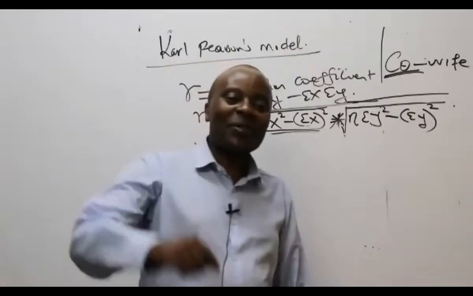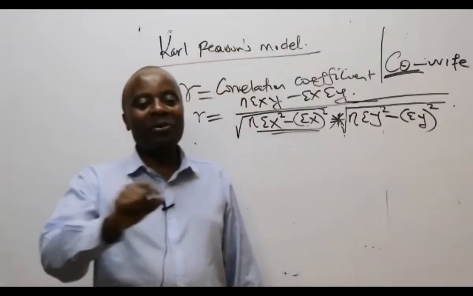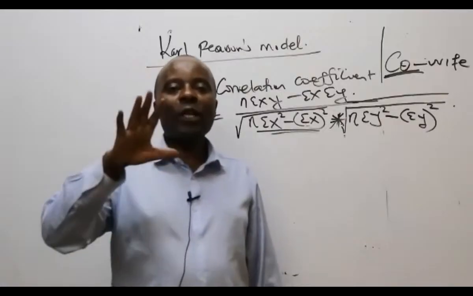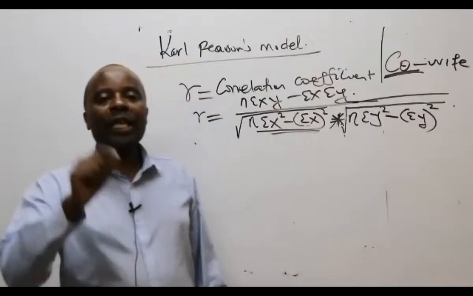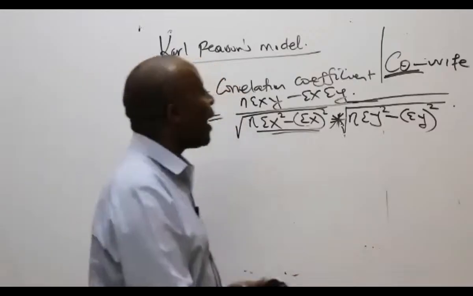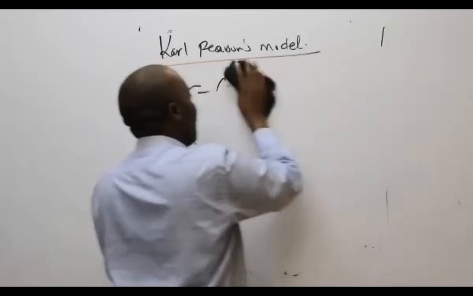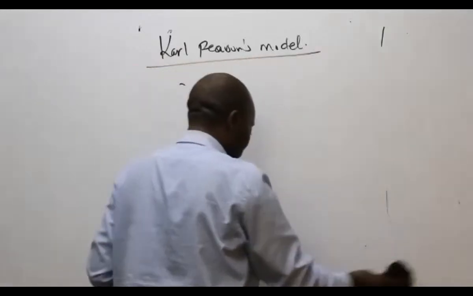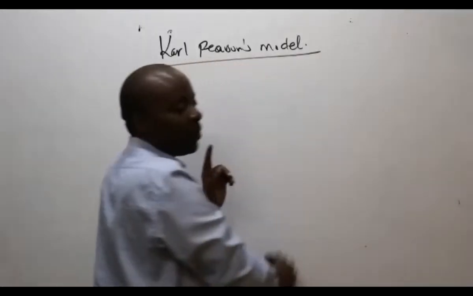So is there somebody who has gone to the back of their books? On a blank page, I would want somebody to take a step of faith and try writing down the formula of R. And if you're able to get it correctly without really struggling, without making reference to where you had written it, then, ladies and gentlemen, you're a brilliant student.